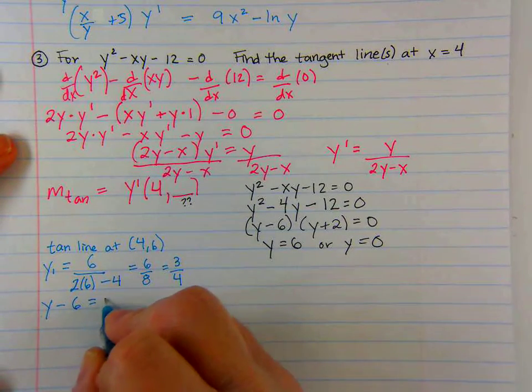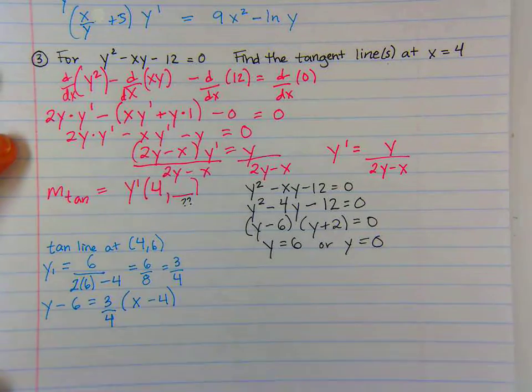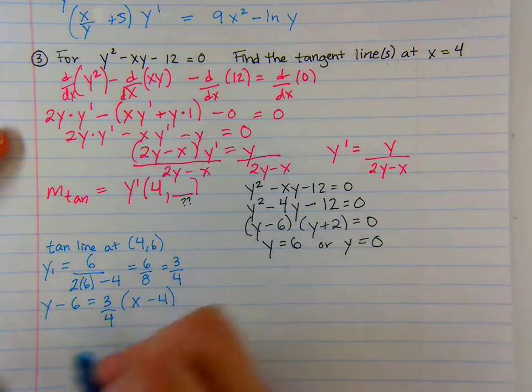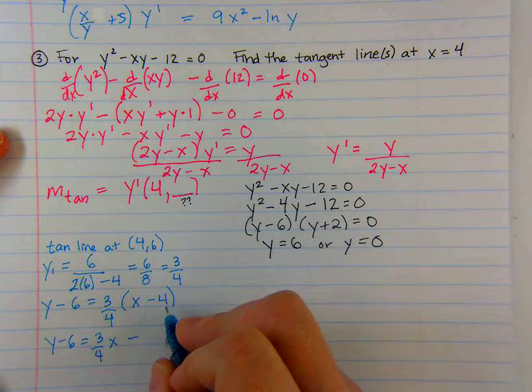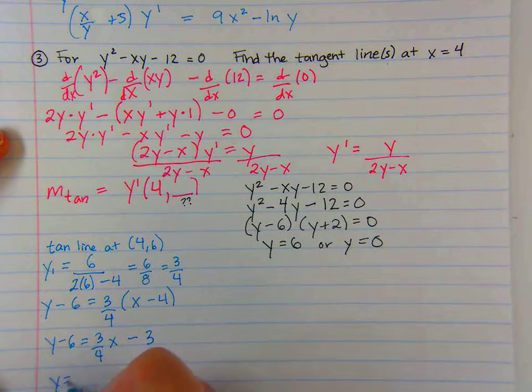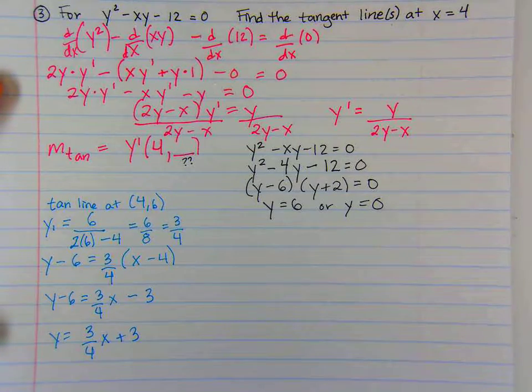Y minus 6 is 3/4 of x minus 4. And then just distribute. 3/4 times 4 is 3, then add 6. So y equals 3/4 of x plus 3. That's my first tangent line.